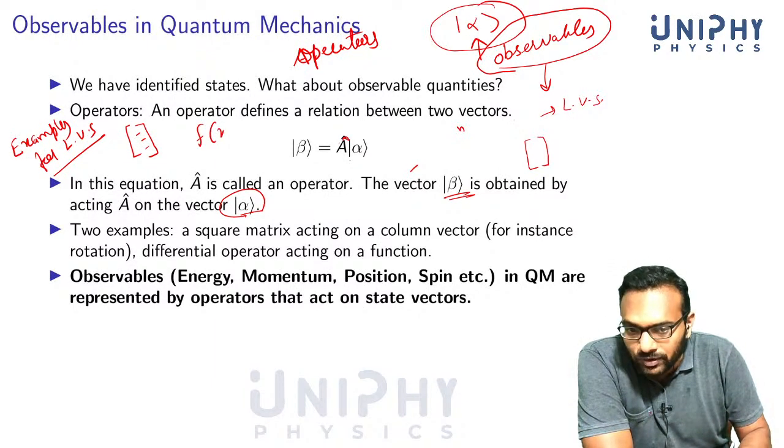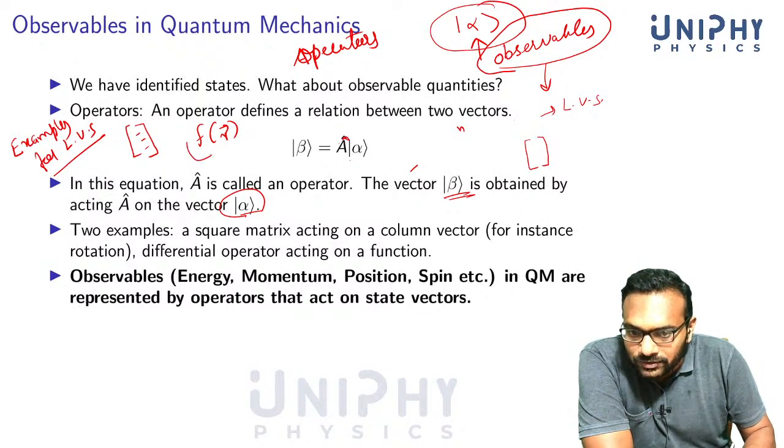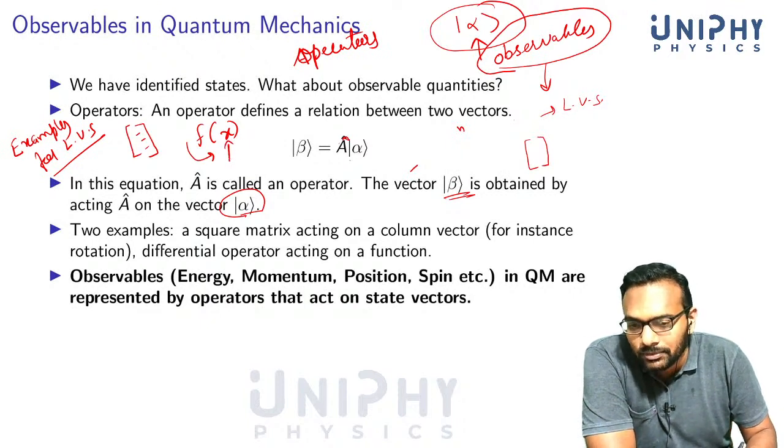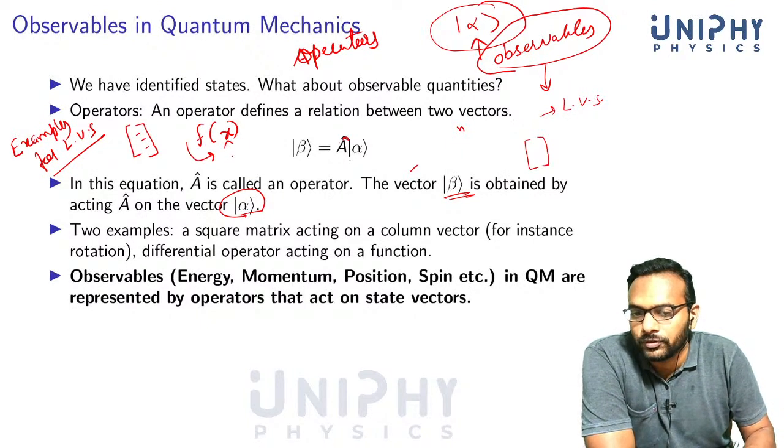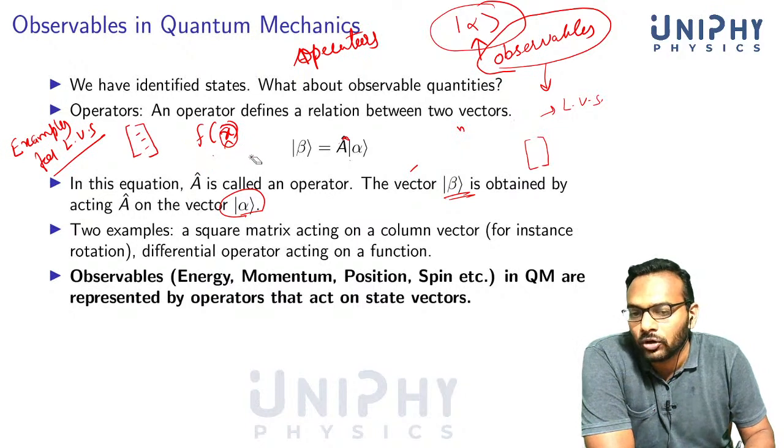Another is a complex function like f of x, or f of x comma y comma z, or f of r vector. This complex function spits out a number. If you give a number for x, it could be a position, for example, and it gives you a complex number of the form a plus ib. So associated with every point in space, you have a complex number. That's an example of a complex function.